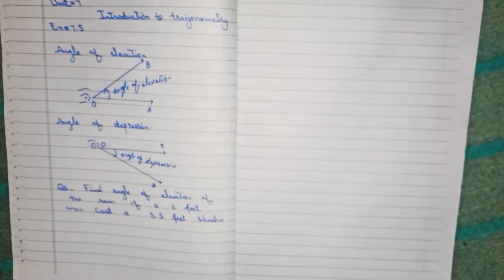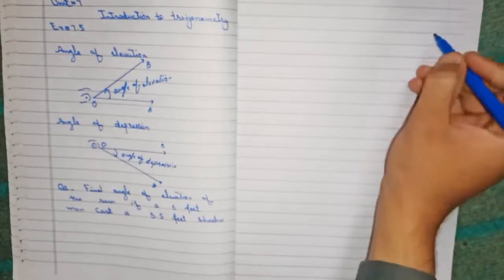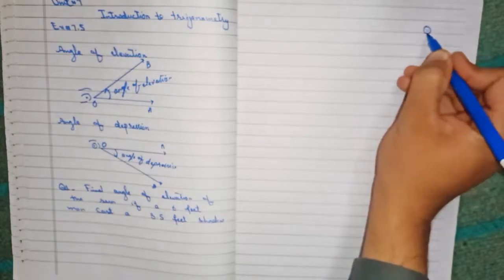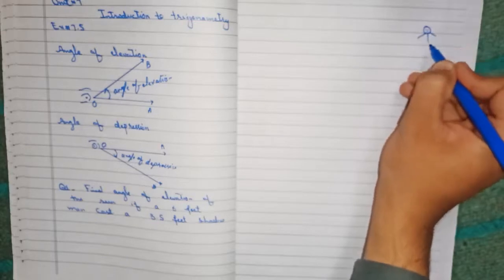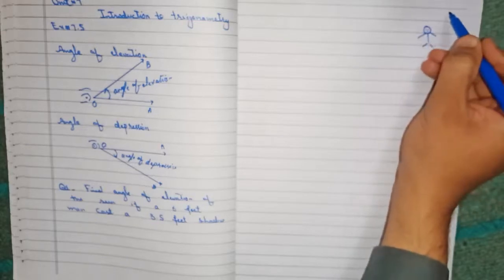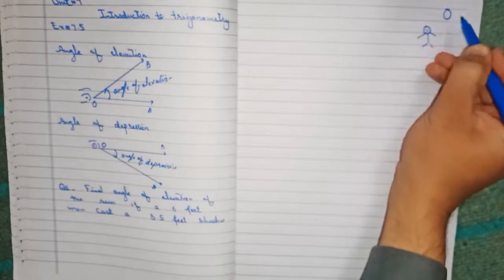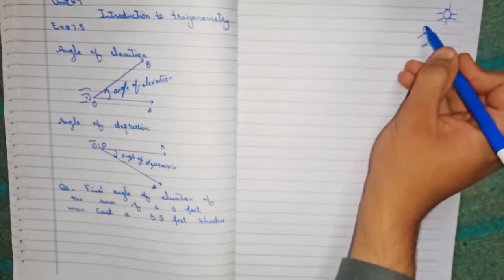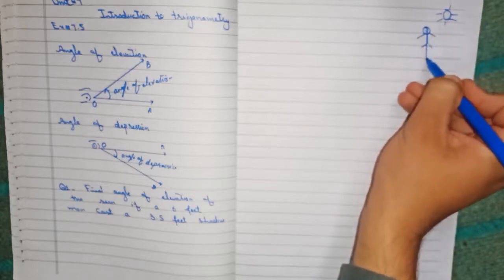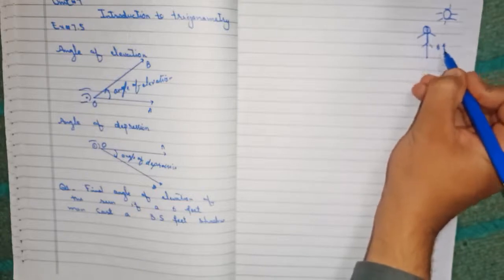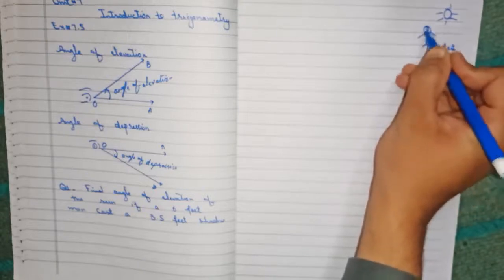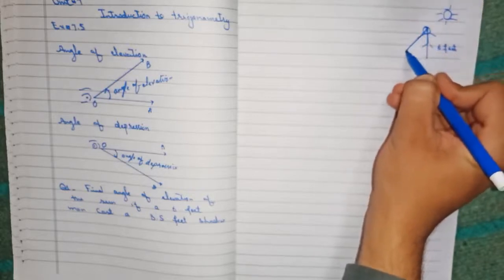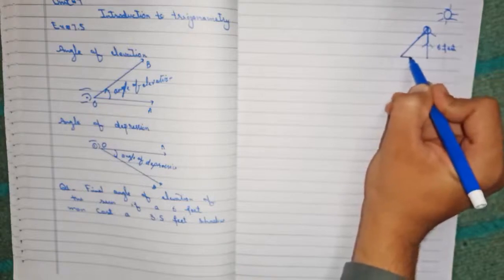Now the first thing we need to know: a man is standing here and right here will be the sun. This man has a height which is 6 feet from top to bottom, and it is casting a shadow of 3.5 feet.